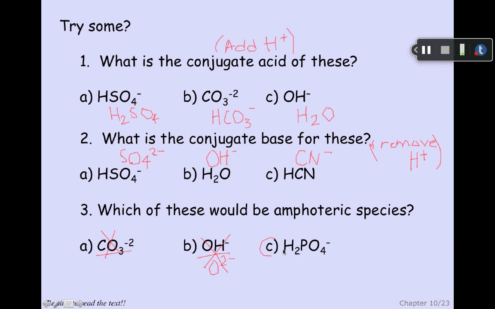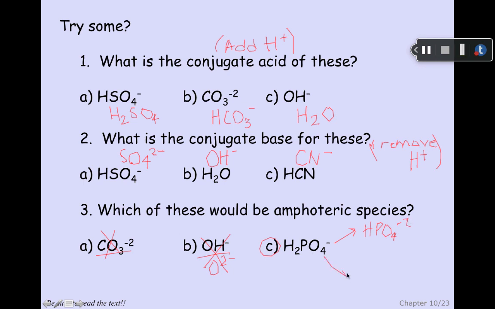The third one is the best answer here because H2PO4 can act as an acid and give you hydrogen phosphate. Hydrogen phosphate, HPO4, has a charge of -2 when it's acting as an acid. It becomes that conjugate base.